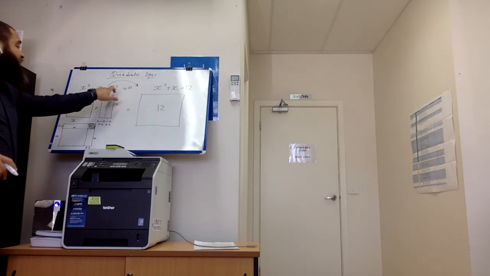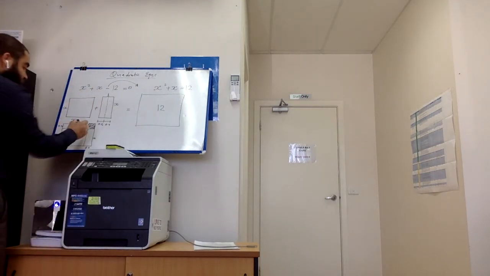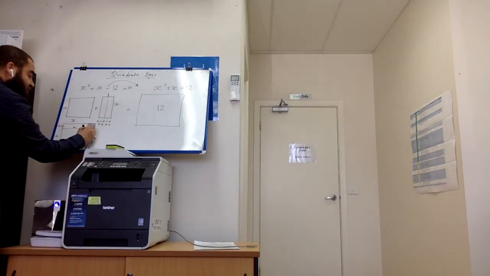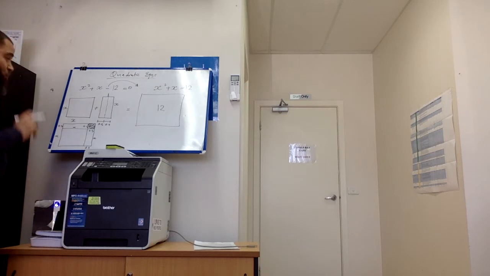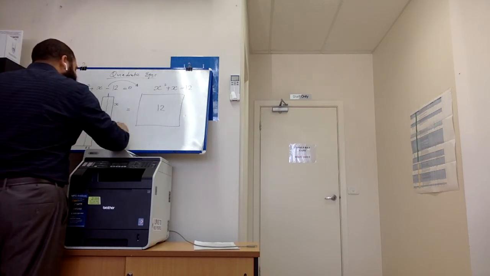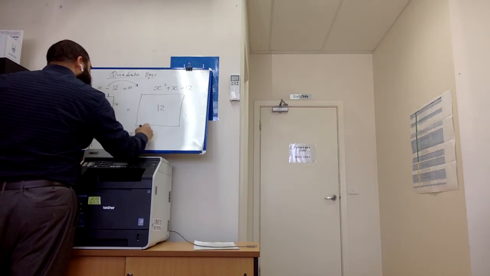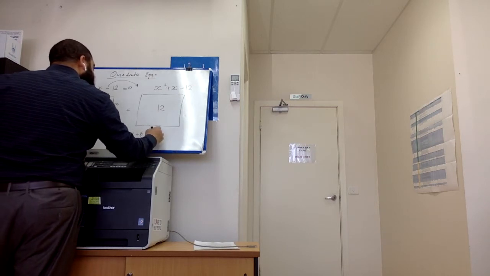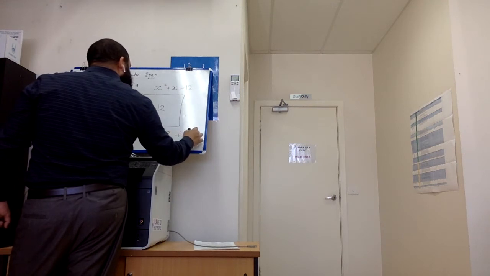So if I add it here, I must add it to 12 as well, so that the equation is still valid. This square is half, as you can see, and this is also half. So half squared. So I can say x squared plus x plus half squared equals 12 plus half squared.